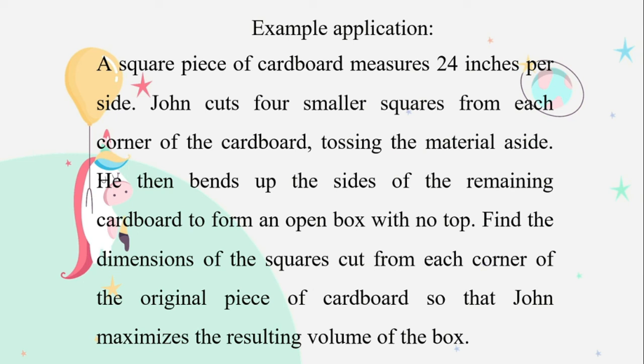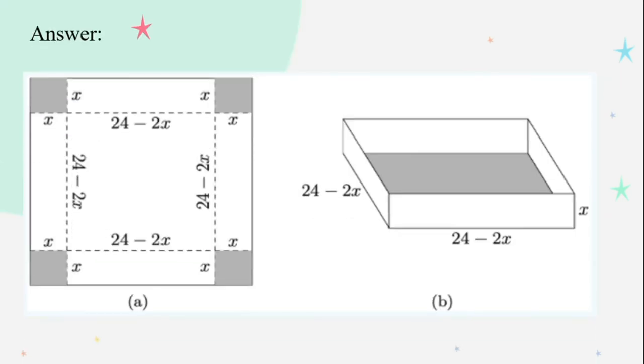Find the dimension of the square cut from each corner of the original piece of cardboard so that John maximizes the resulting volume of the box. Answer. This is the model of the question.